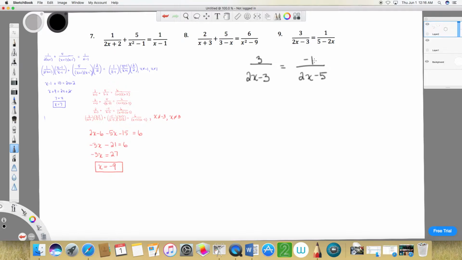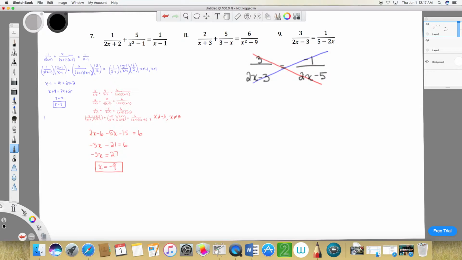Oftentimes, students mistake reducing a fraction to lowest terms as cross multiplying. This is called cross multiplying because you're crossing over that equal sign. You're going to multiply along this red diagonal, and then you're going to multiply along this blue diagonal and set those two products equal to each other. So let's do that.